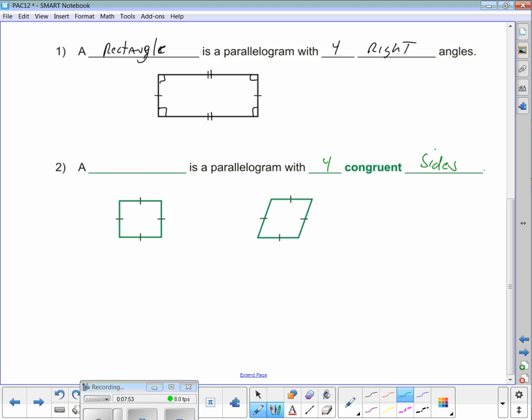So whatever you say has to fit both shapes, not just the left shape or not just the right shape. They are both this. And Kaylin, these shapes are a rhombus, of course. Very good.